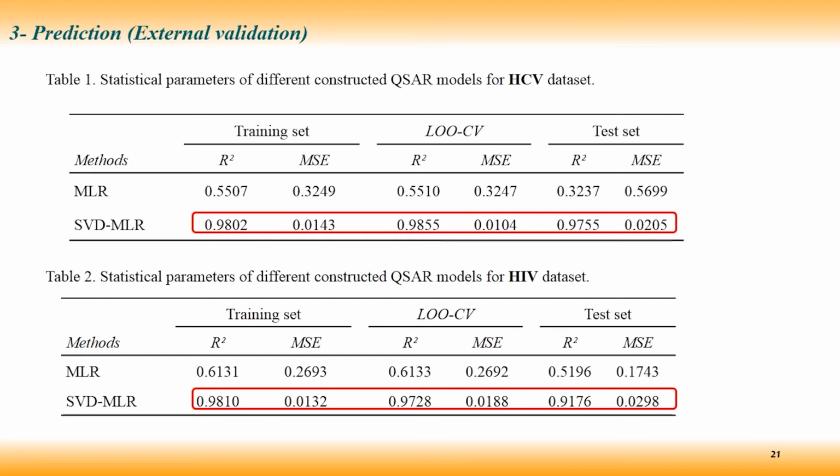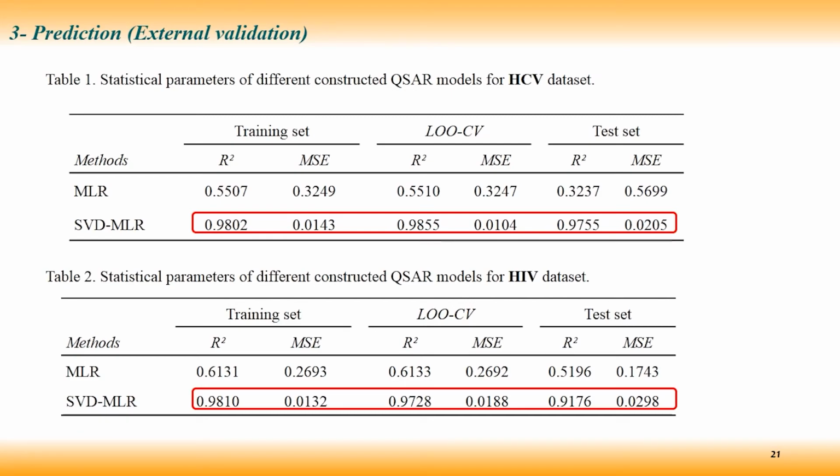For the first table, it shows the statistical parameters of different constructed models concerning the HCV dataset, where the value of the determination coefficient for the SVD MLR model shown are higher, and also the mean square error were reduced.